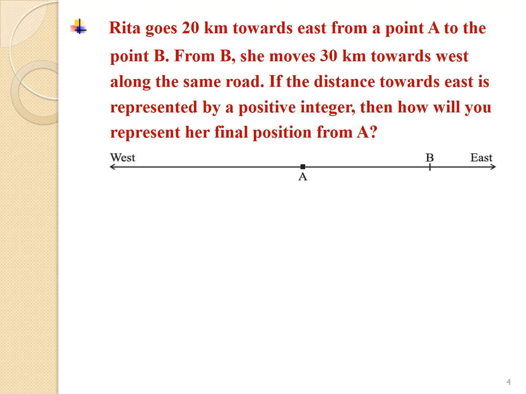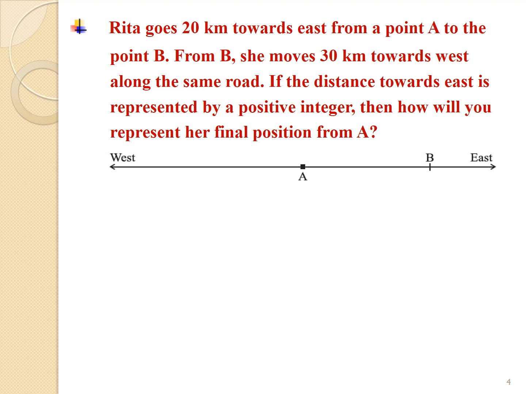As it is clearly given to us that distance travelled towards east is represented by a positive integer. Thereby, we can say that distance travelled towards west is represented by a negative integer, as opposite of east is west.